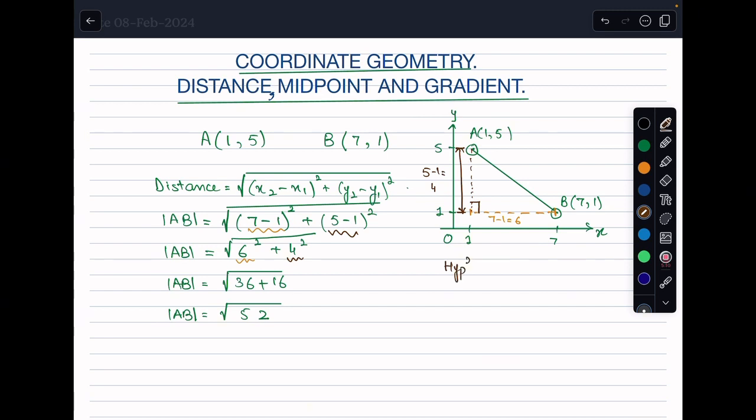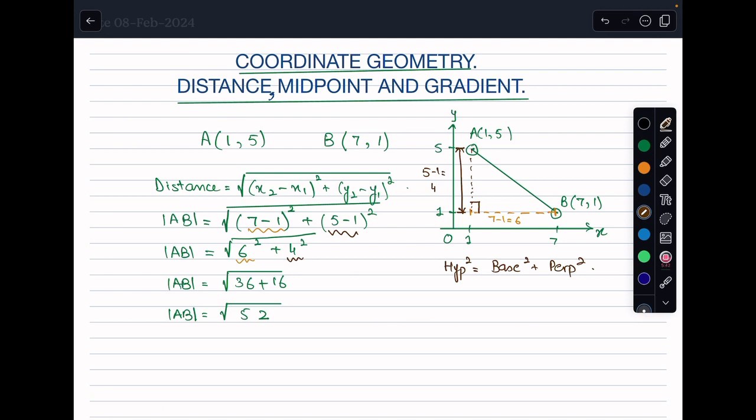Hypotenuse squared equals base squared plus perpendicular squared. So the distance formula in coordinate geometry is taken from the Pythagoras theorem. This is one way of memorizing the distance formula.